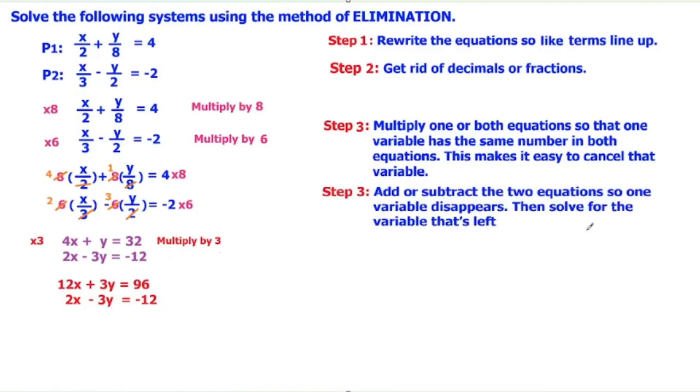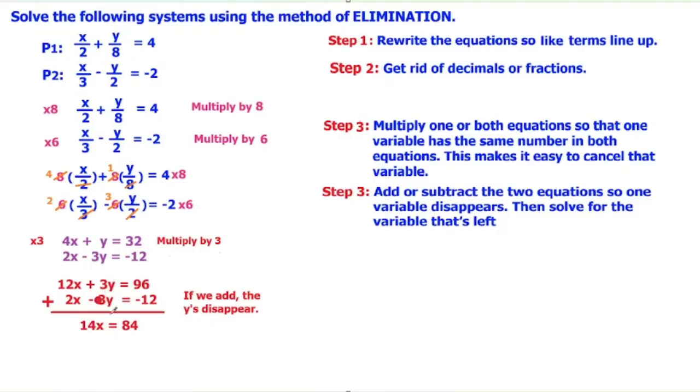So now we can add or subtract the two equations so one variable disappears. And then we solve for the variable that's left. But here we're going to add, right? If we add, the y's disappear. So this plus this gives us 14x.